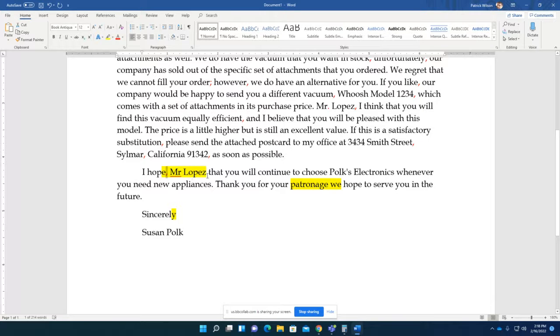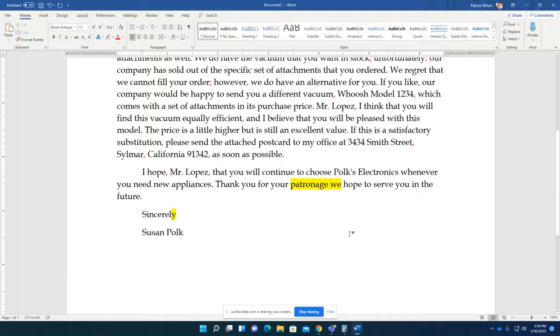So we need a comma after hope, and we also need a comma before that. But we also need another period after Mr. And that will sort of solve our issues with the punctuation as it relates to early on in here.